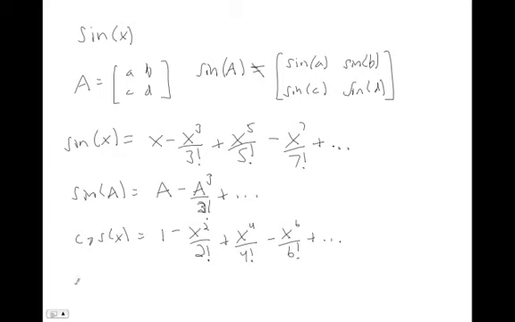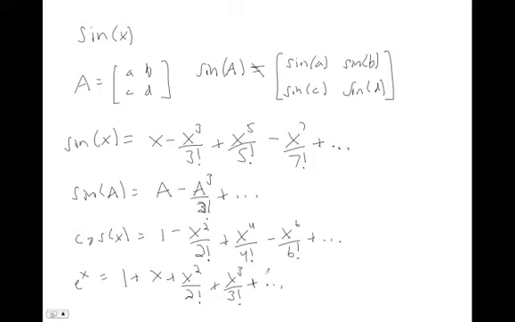Another common function, and probably the most important function for our purposes, is an exponential function, e to the x. It looks like 1 plus x plus x squared over 2 factorial plus x cubed over 3 factorial plus dot, dot, dot. The exponential function series is the easiest to remember because there's no oscillations, there's no missing terms. It's a very kind of simple expression.